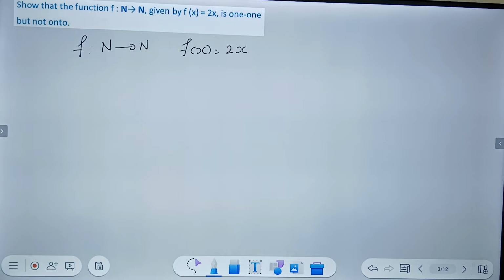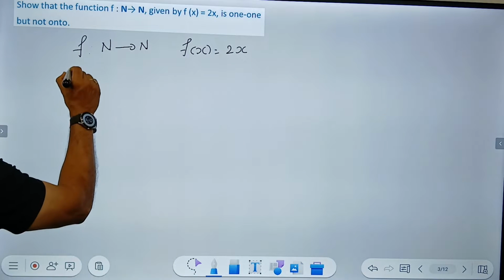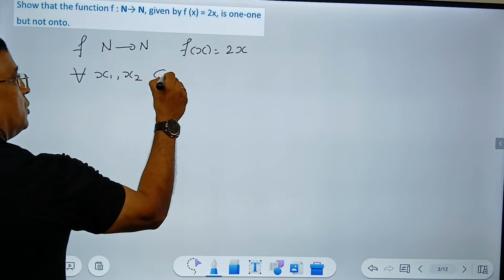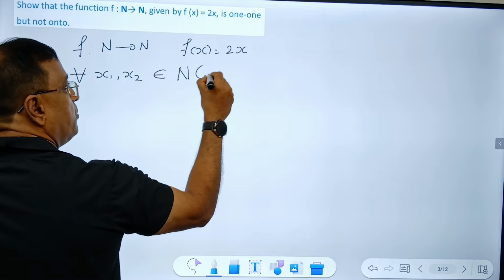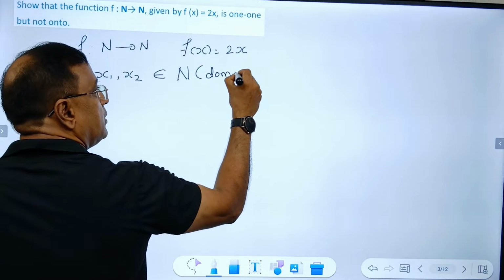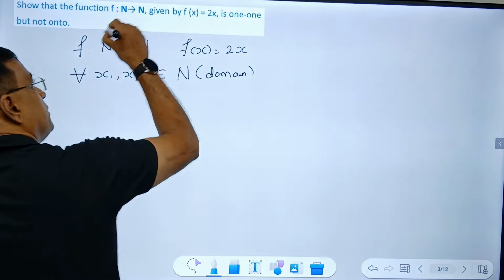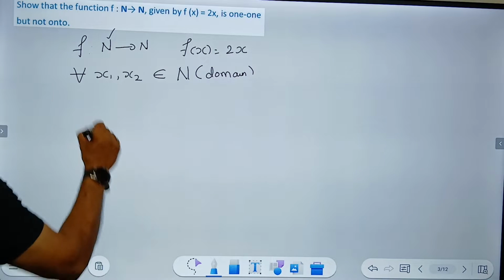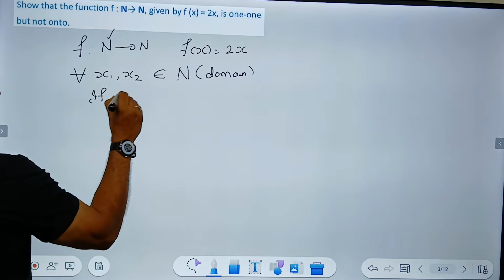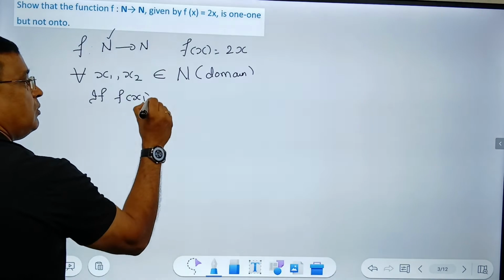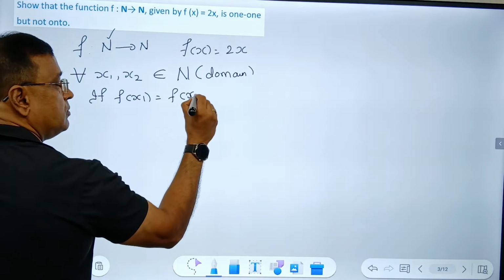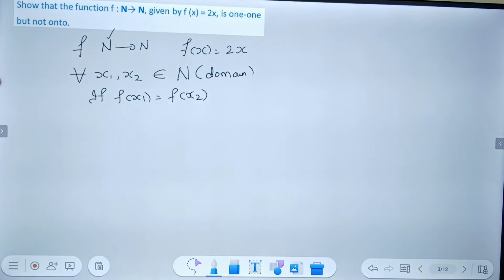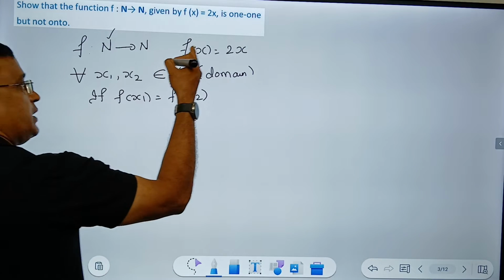To show it is one-to-one, I will choose x1 and x2 belonging to the natural numbers in the domain. Now, if f of x1 equals f of x2, by the definition f of x is 2x.